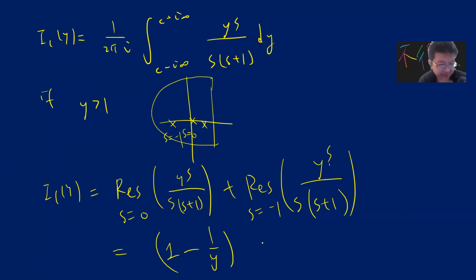Okay, that's it. You need to check the arc integral is 0, but it's trivial because y is greater than 1. If you take the radius to be infinity, then the arc will be 0. And if y is less than 1, then you take the right part, so now you get 0.